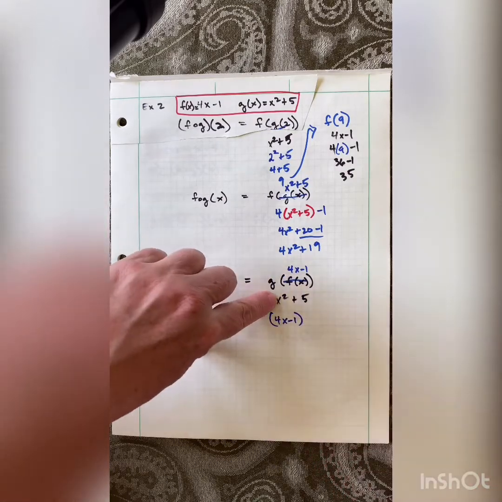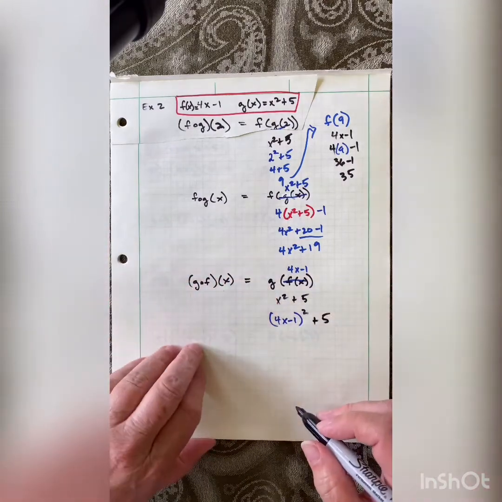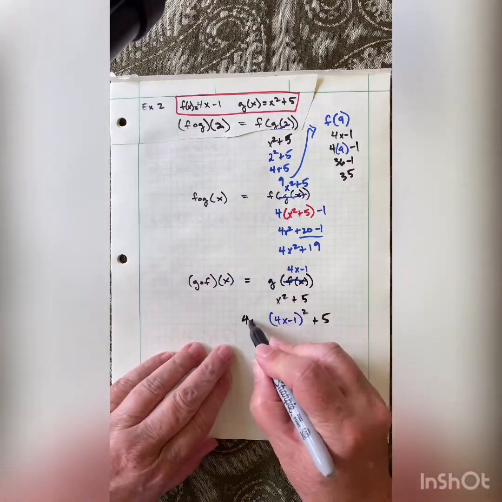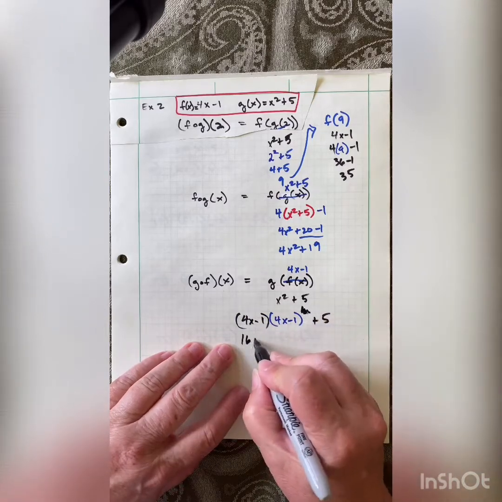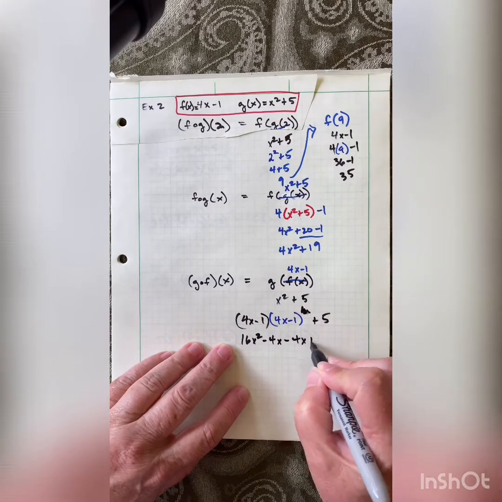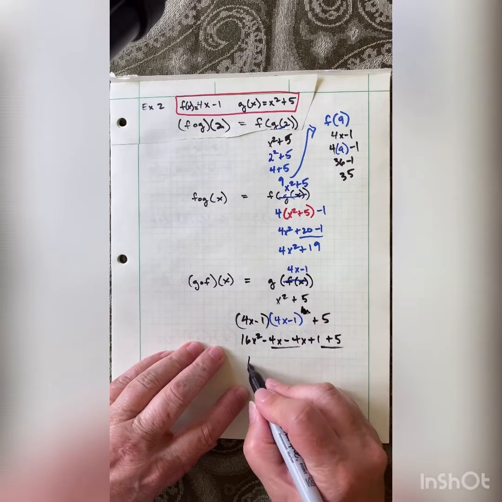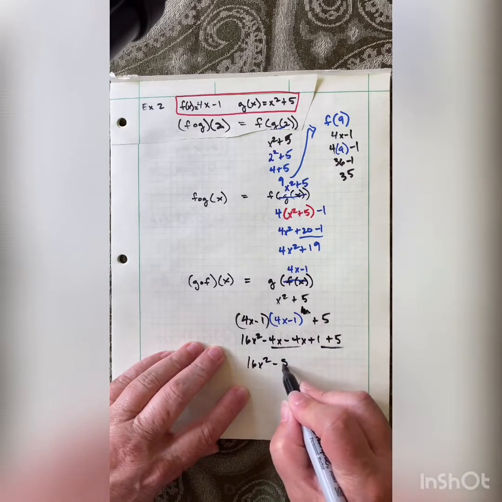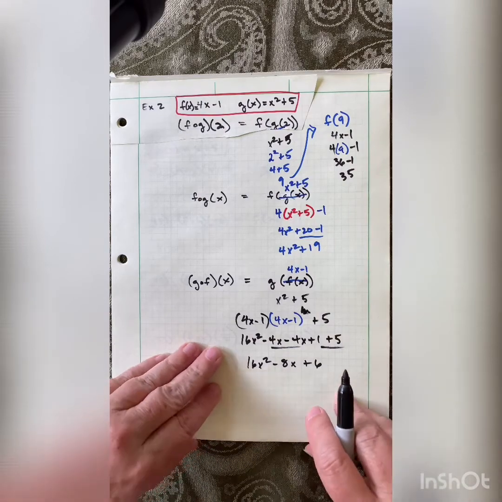I replace that x right there, and there you go. This really means this, which will give me 16x squared minus 4x plus 1, then plus that 5. Put together like terms, get 16x squared minus 8x plus 6, and there you go, you're done.